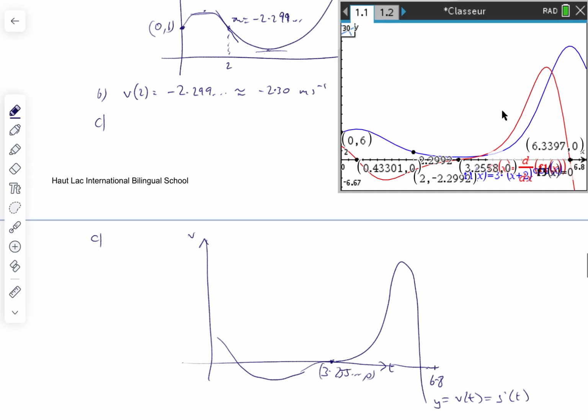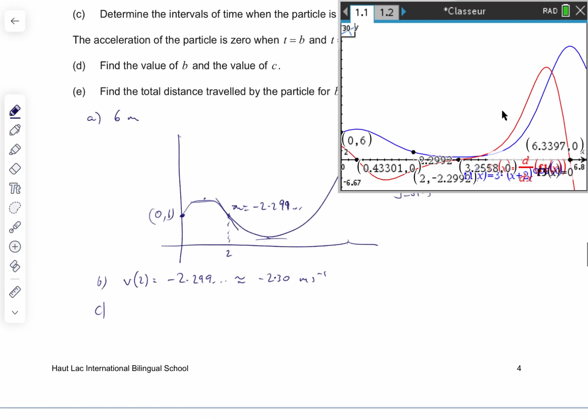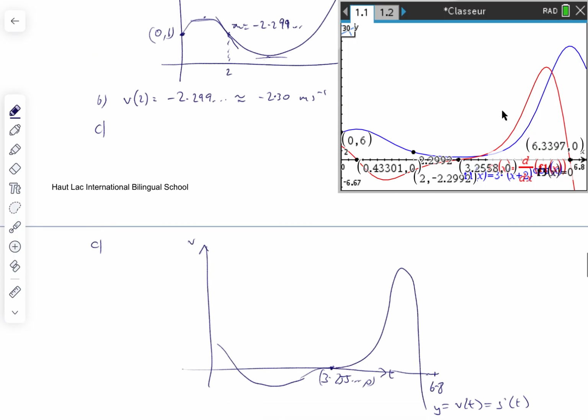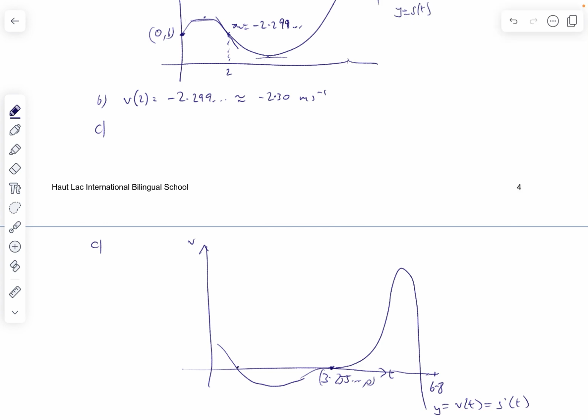So C is: determine the initial time the particle moves away from point P. And this one here is 0.4330... comma 0. And this one here is 6.3397.